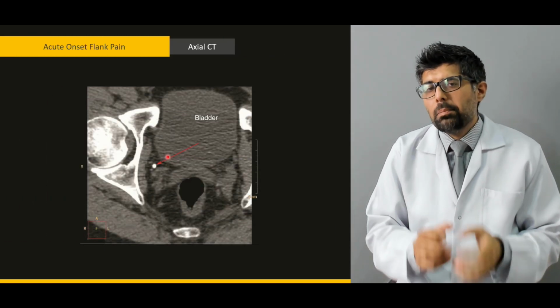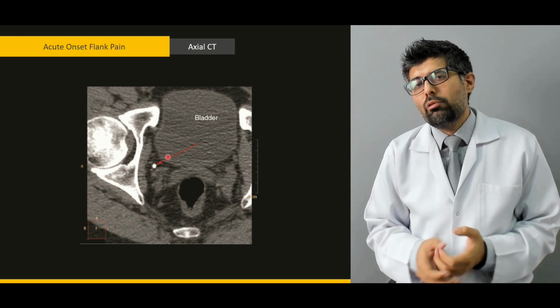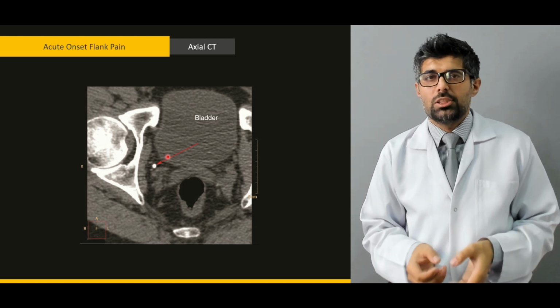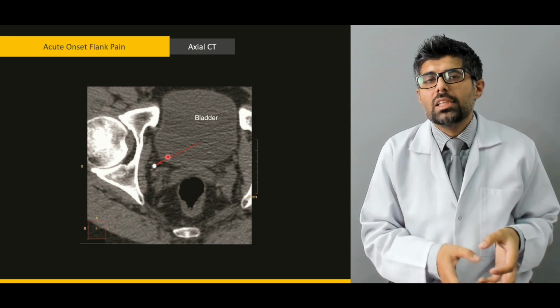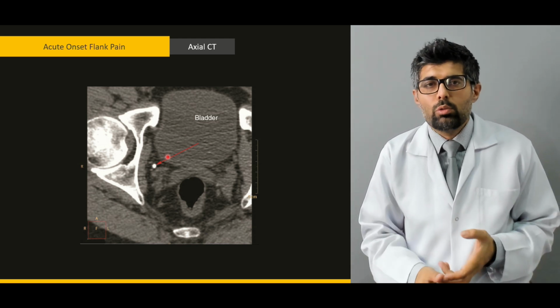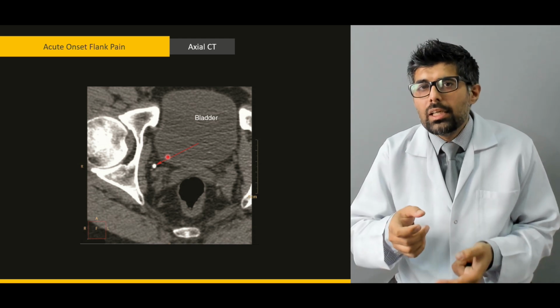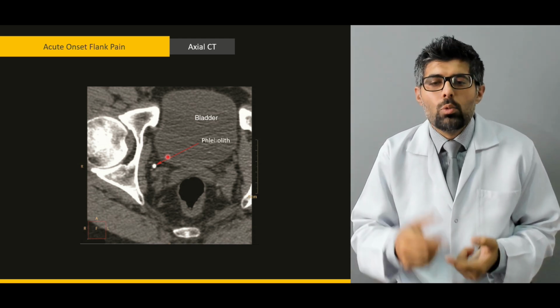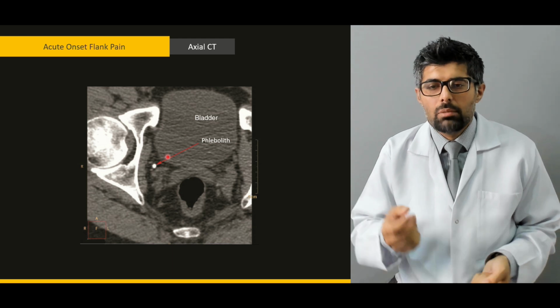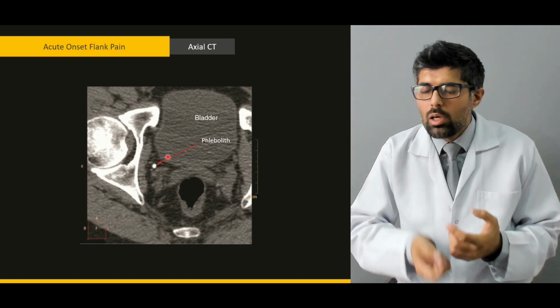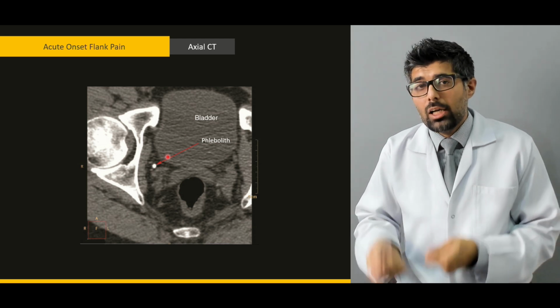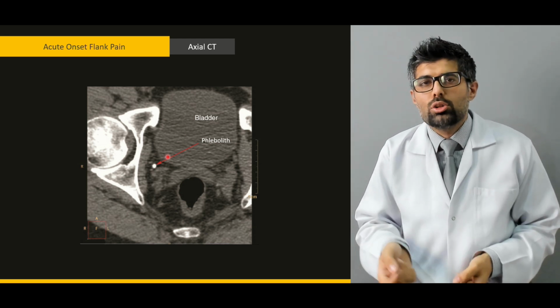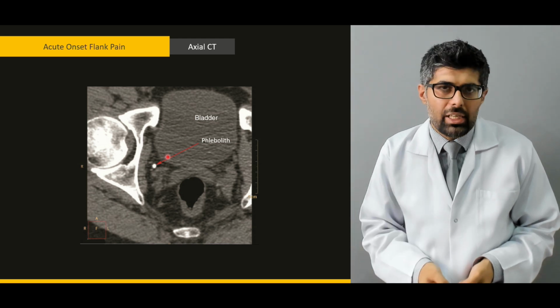Now, why is the presence of hazy soft tissue around the calculus important? Because during CT scan studies, we look out for not only renal calculi, but we can also find some phleboliths. Phleboliths are calculi or concretions or stones inside the veins.